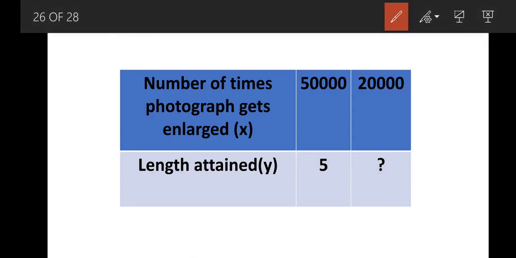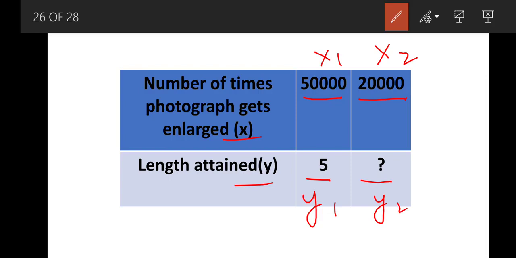The number of times the photograph gets enlarged, I have taken X, and the length attained, I have taken Y. When it was enlarged 50,000 times, it attained a length of 5 centimeter. Now we need to find out when it is enlarged 20,000 times, what will be the length attained. So this is X1, this is Y1, this is X2, and this is Y2. Y2 is unknown here.